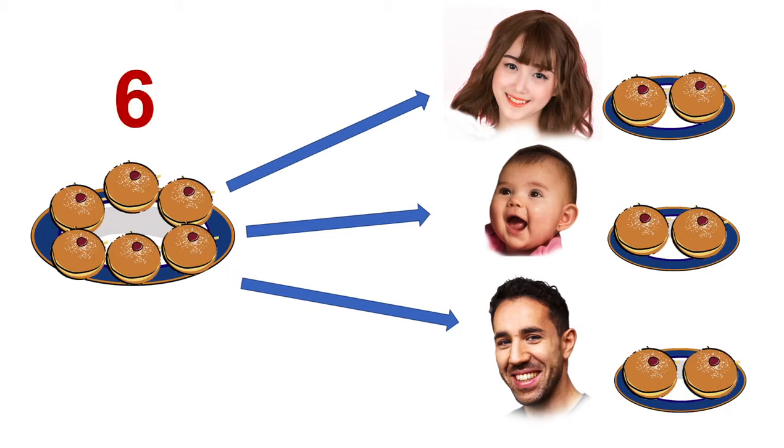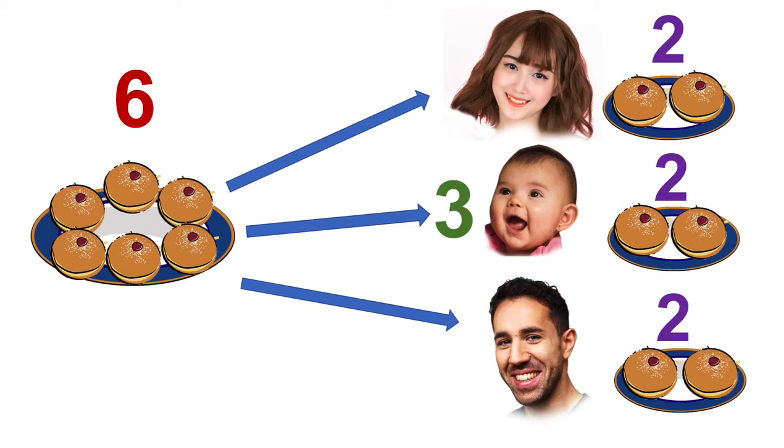One group of 2, second group of 2, third group of 2. We start with 6. That's our big number that we start with. We're going to share it with 3 friends. That's how many are in each group. And then every friend is going to get 2.